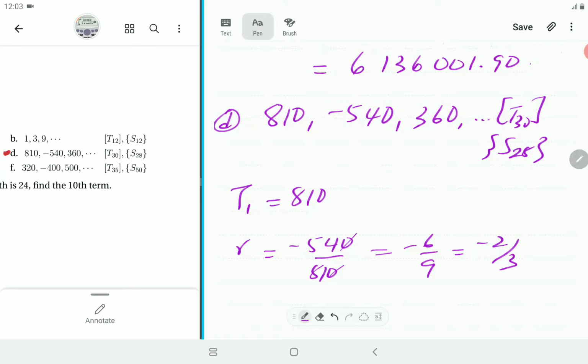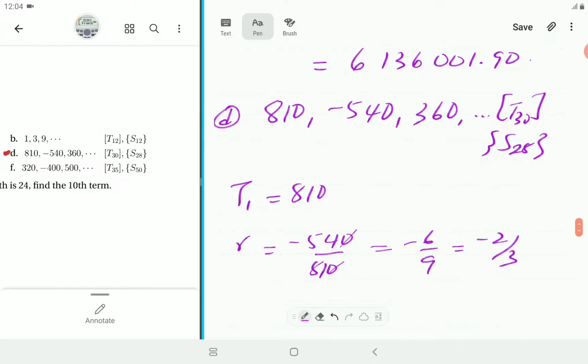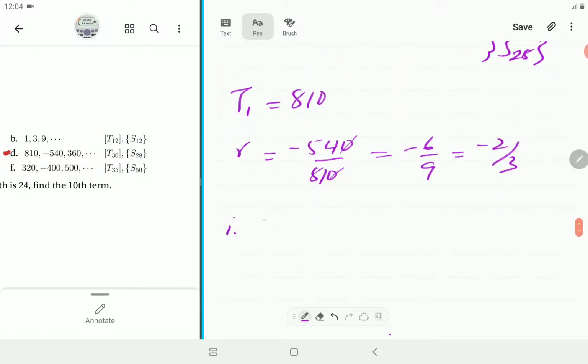Okay. So now negative 2/3, if you express it in decimal form, it gives you a recurring decimal. So this is the one example where it's particularly important to use the fractional form. So for the first one, Tn is going to be 810 times negative 2/3 to the power n minus 1.